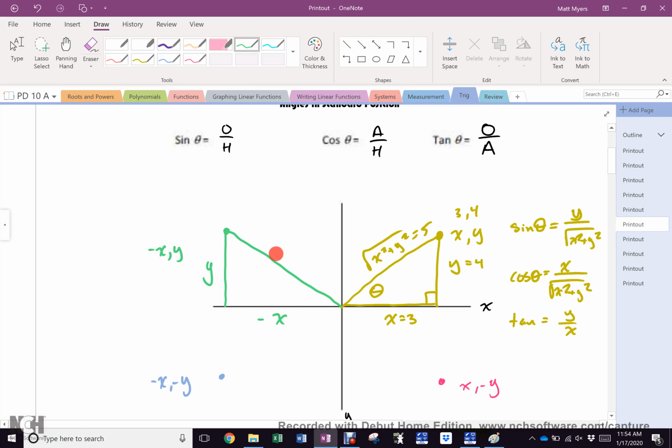This is tricky. Root negative x squared. But wait a minute. What happens when I square a negative? Okay. So we're going to write it that way, plus y squared.